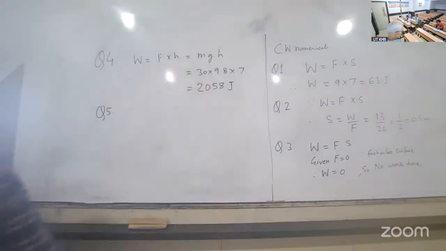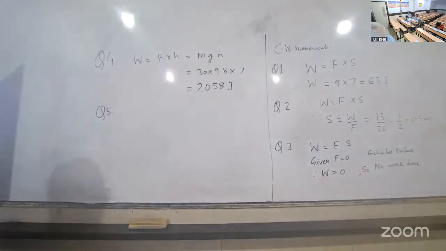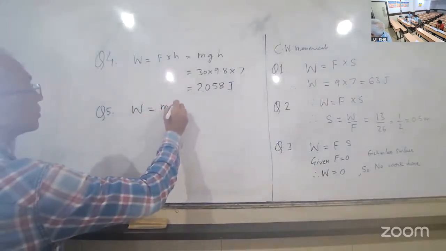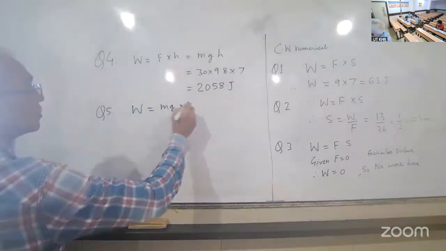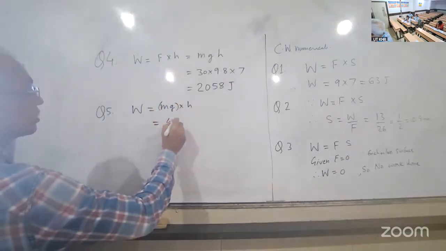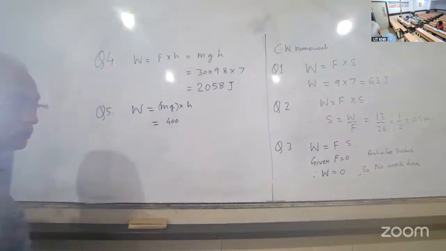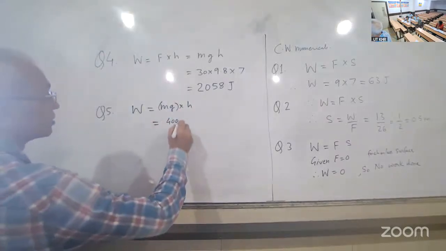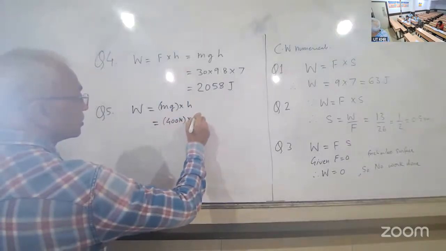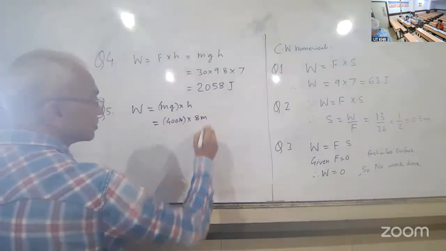No need to write multiply gravity separately. So what is mg here? 400 Newton. What is the height? 8 meter.